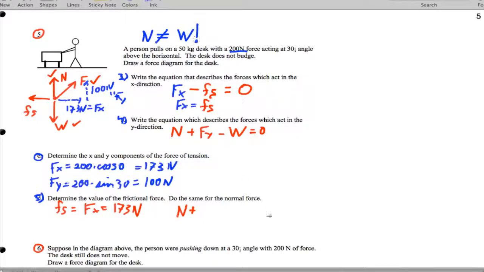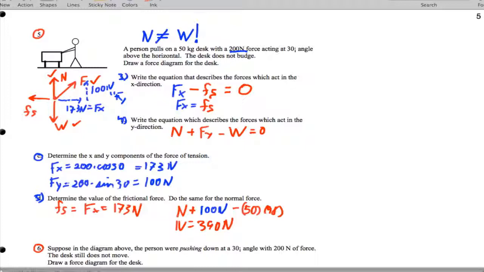Please remember that. So we have the normal pointing up, Fy pointing up, which is 100 newtons, and the weight pointing down, which is 50 times 9.8. And when we solve for the normal force, we end up getting 390 newtons.